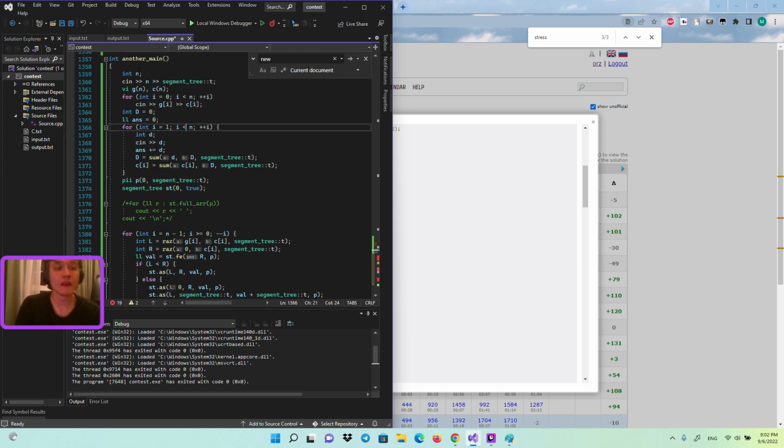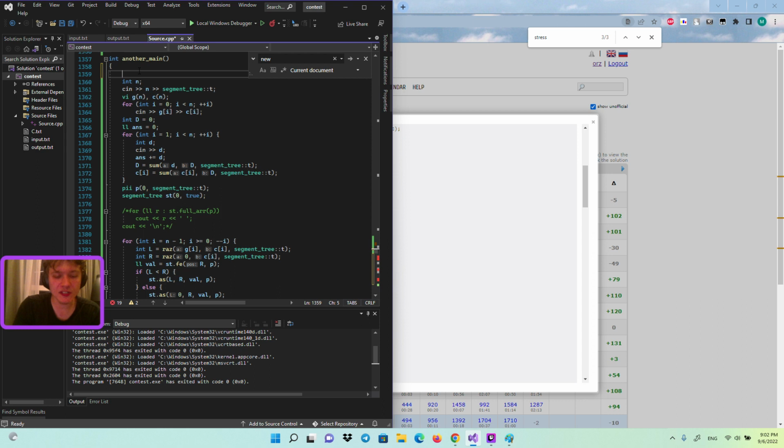So let's do this. In another main, we just say another solve wrong of this.